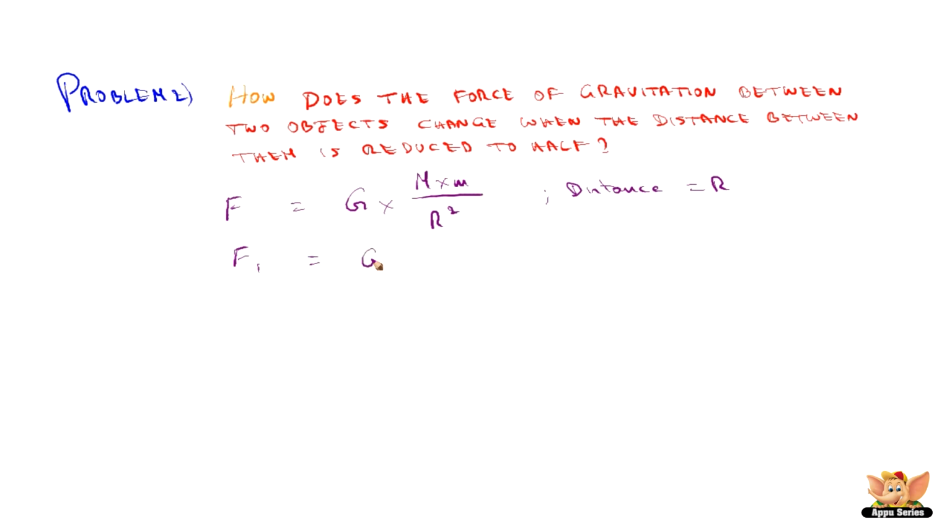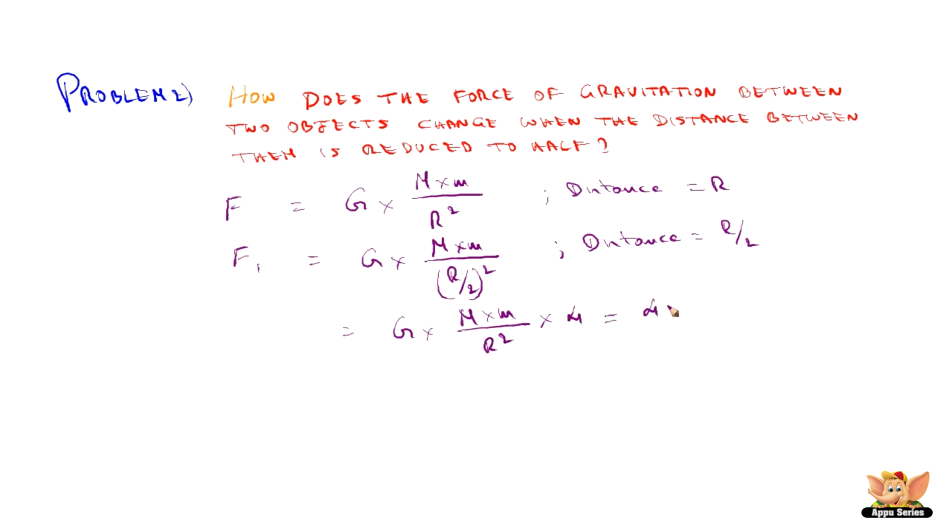If the distance between them is r by 2, because it is reduced to half, this becomes (r by 2) whole square, which is nothing but G into m by r square, and the 4 in the denominator will come to the top. So this is 4F.